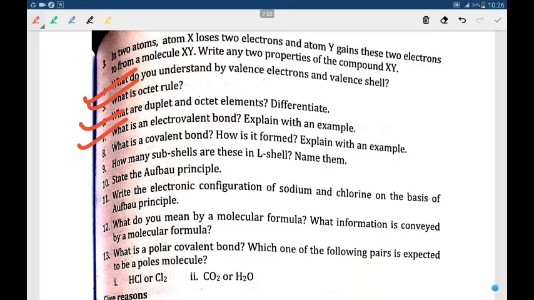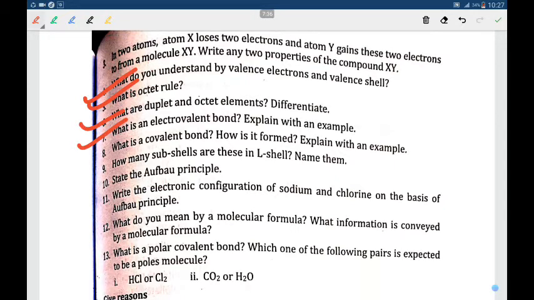The bond formed by the transfer of electrons from the valence shell of one atom to the valence shell of another atom is called electrovalent bond.